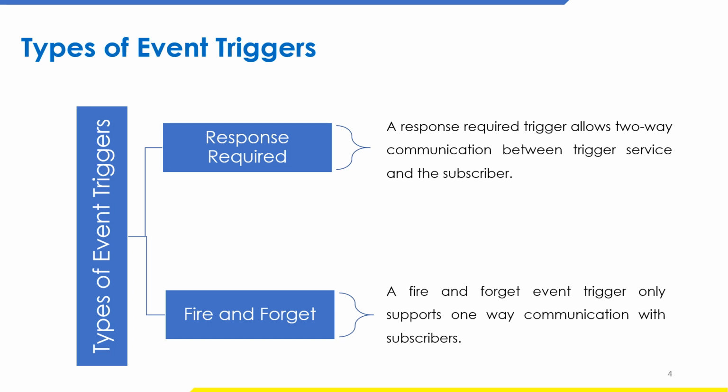It has no way of knowing whether subscribers actually received the event, and it doesn't have any mechanism for resending events. We have many event triggers, for example identity created, saved search completed, and source created. In the next slide, let's have a detailed discussion on the response required and fire and forget event triggers.